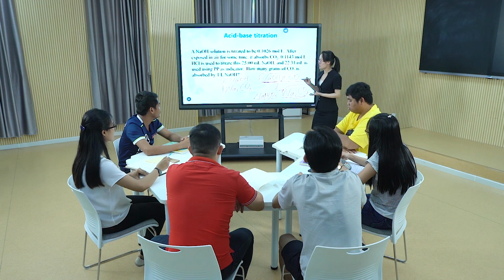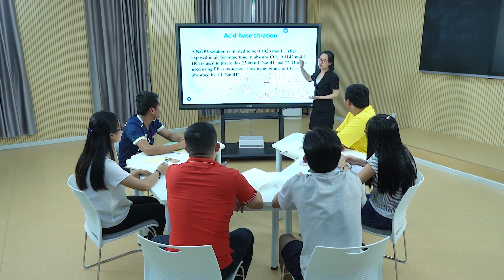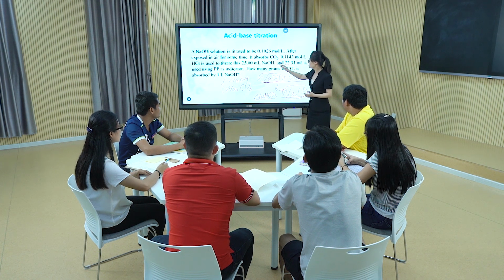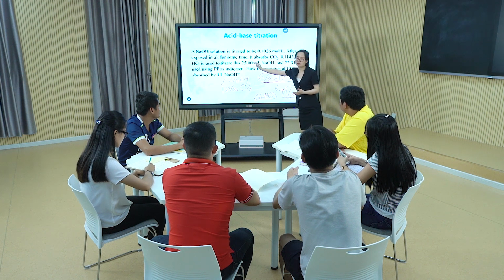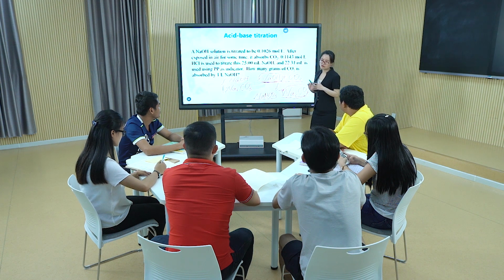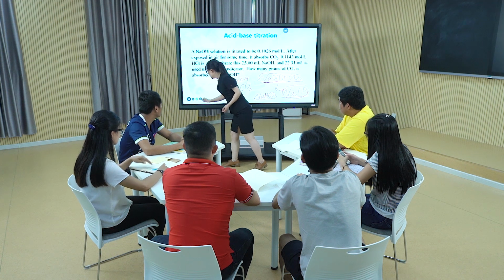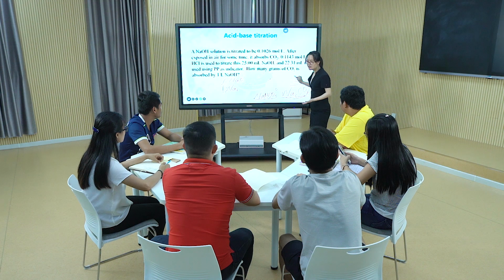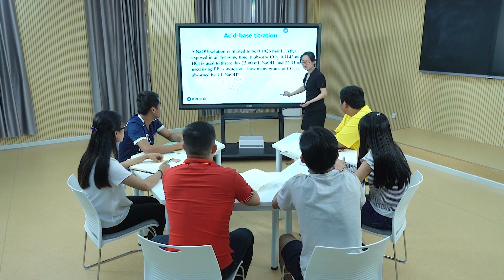The amount of HCl will be smaller than the amount of NaOH. Why?